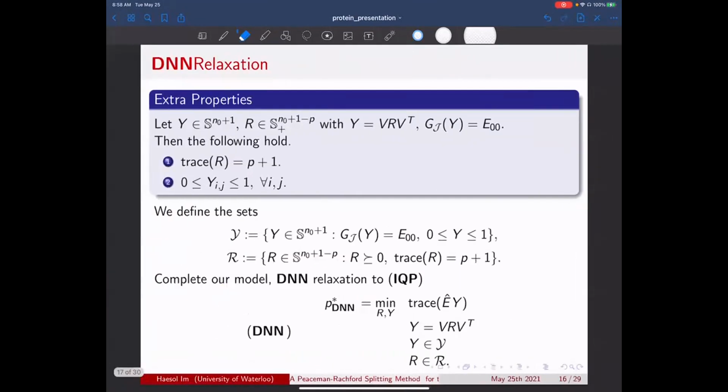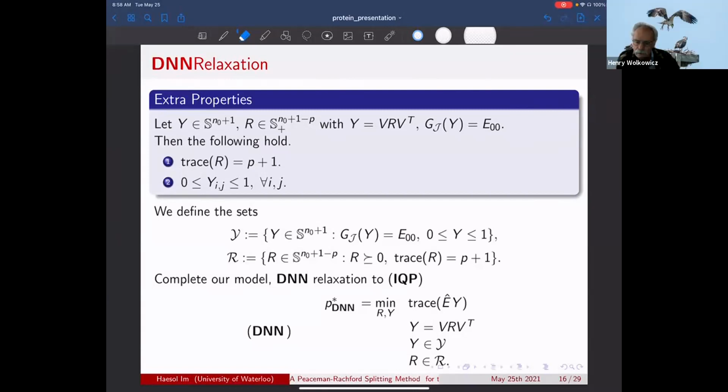I think RLT is maybe related to triangle inequalities. If you switch from the 0, 1 variables, you would use RLT. But if you switch to the -1, 1 formulation, then you would get the triangle inequalities.